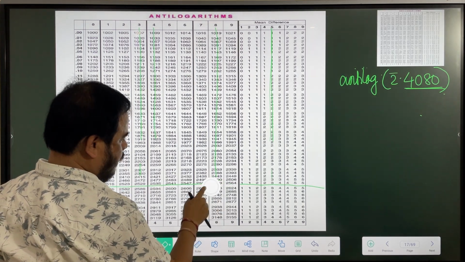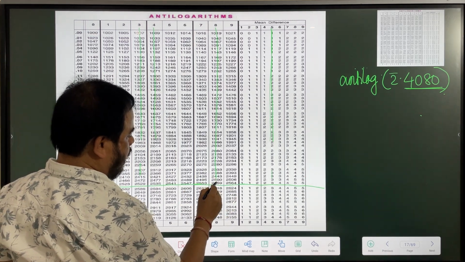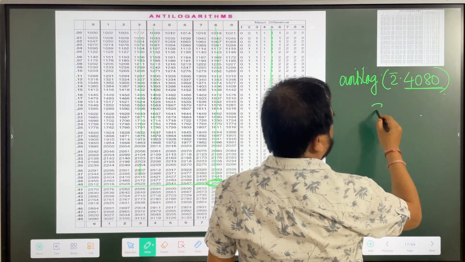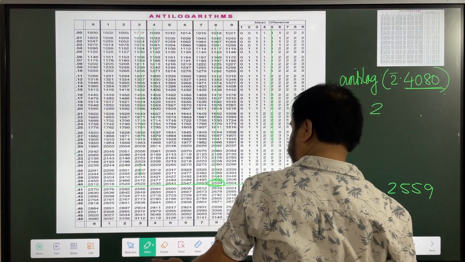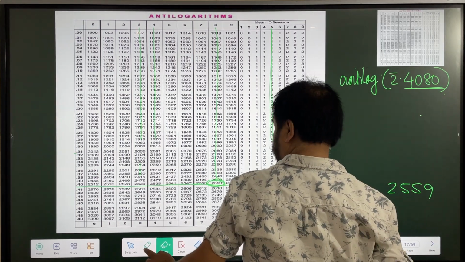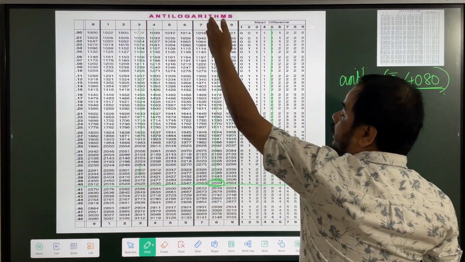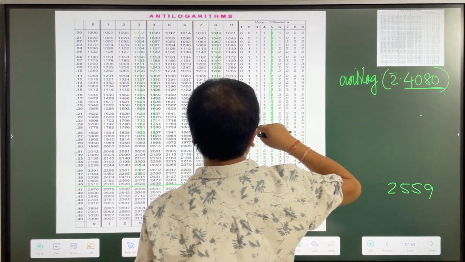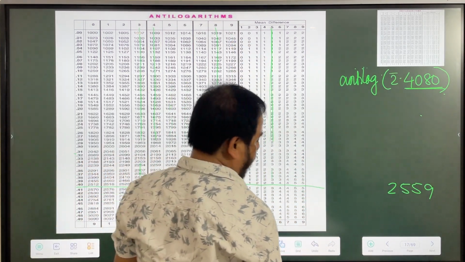We get 2559. That is for 48, finished. Then the last digit is 0, so no number, nothing is required.